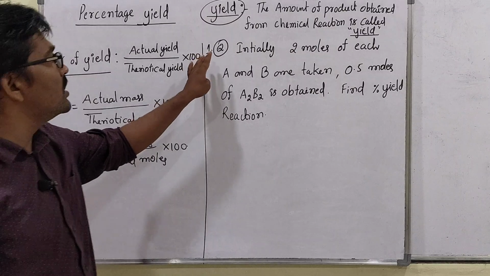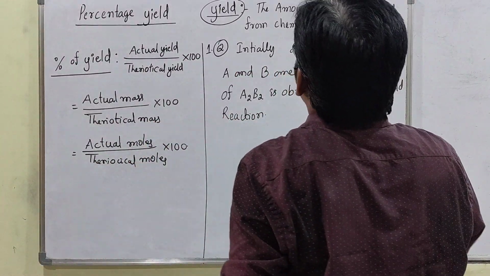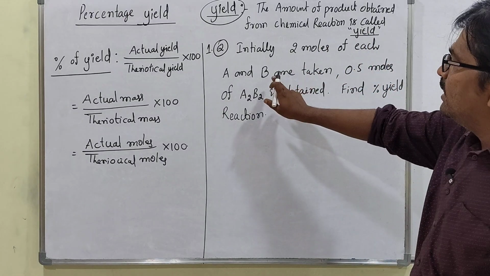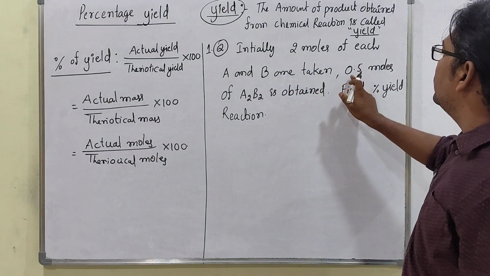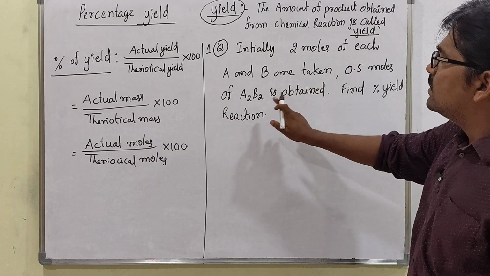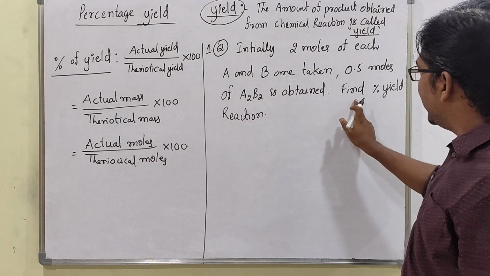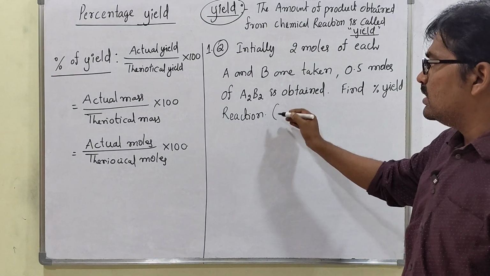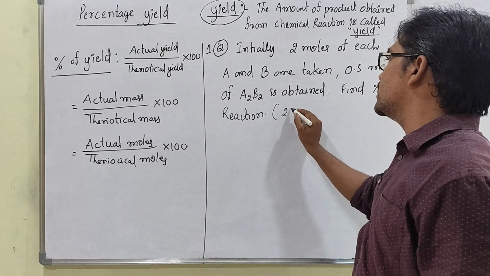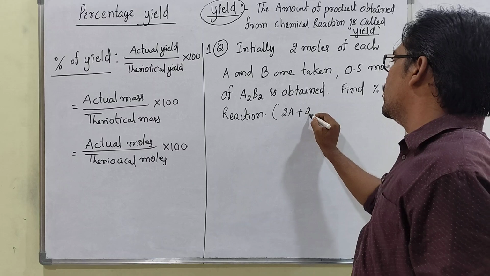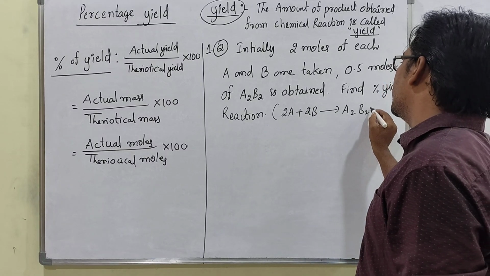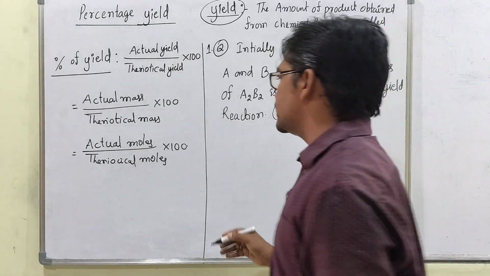Sir, based on that, here is one of the questions. Sir, initially 2 moles each of A and B are taken, then 0.5 moles of A2B2 is obtained. Find the percentage yield of the reaction. The reaction is also given in the question itself: 2A plus 2B gives A2B2, they mentioned like this. Clear, my dear students? Right.